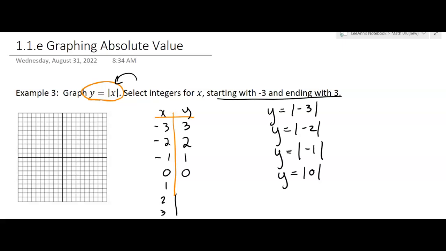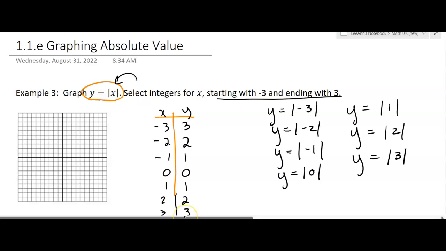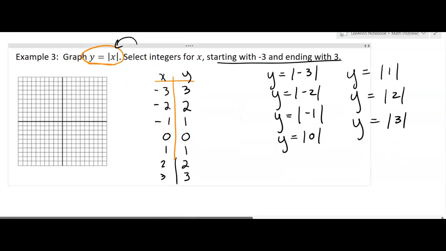I don't know that I need to keep writing these out, but y equals the absolute value of 1, which is 1. Y equals the absolute value of 2, which is 2. And y equals the absolute value of 3, which is 3. So you had to know what absolute value meant to get these calculations done, but we're just taking the absolute value of each of those numbers.